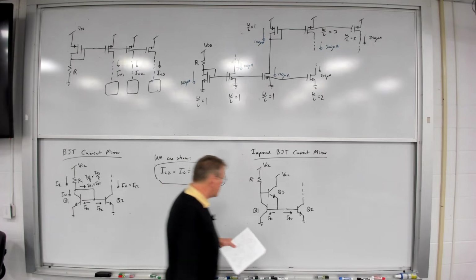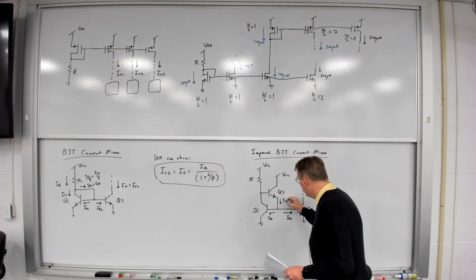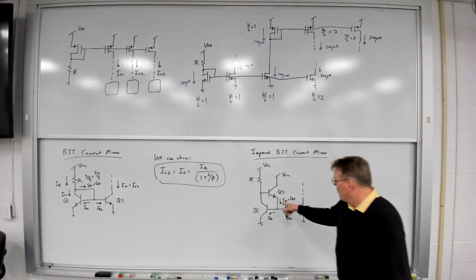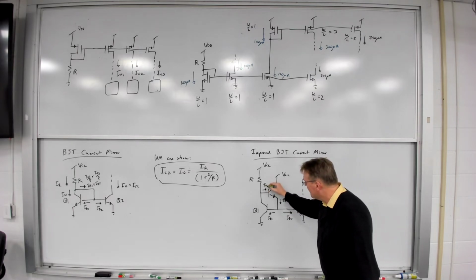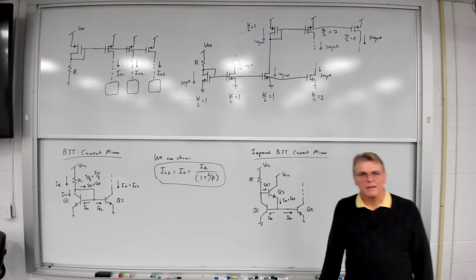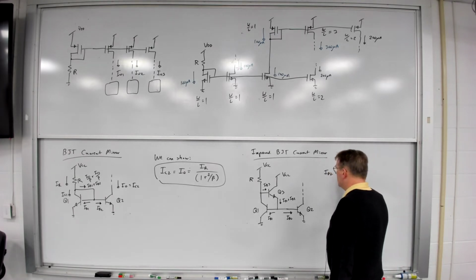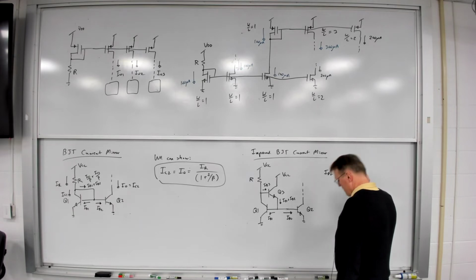And in this case, the emitter current of Q3 then becomes IB1 plus IB2. What's the relationship between this current and IB3? Well, IB3 is equal to IB1 plus IB2 divided by beta plus 1.